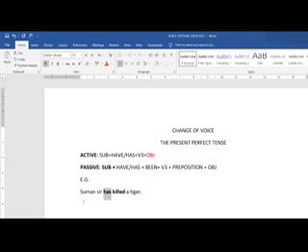So our concern is these two. Now the object is a tiger, so that will sit in the subject place. A tiger has been killed by Suman. That's how we make it.